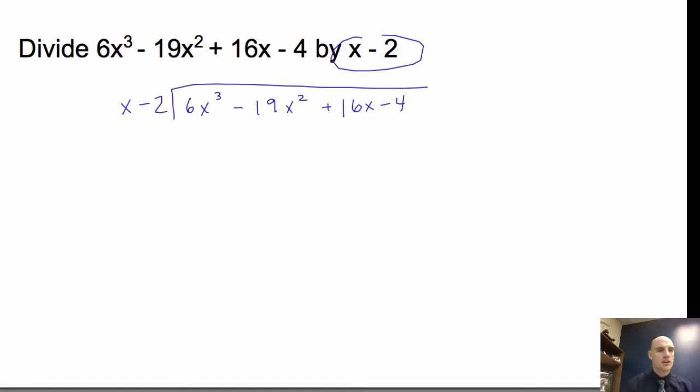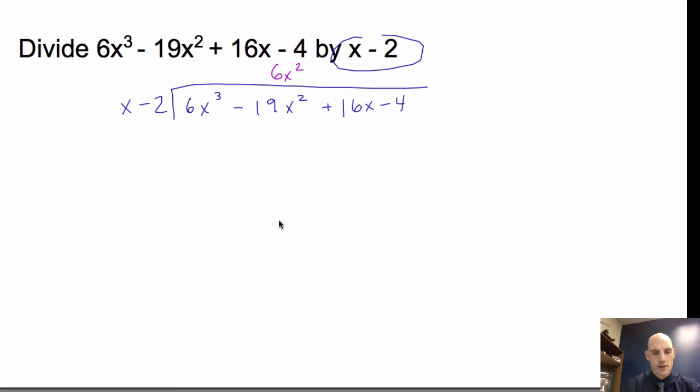As I'm starting this process, I'm starting from the front here. 6x cubed is what I'm dividing, and I'm looking at my lead term here, my x. My question is, what do I have to multiply x by to get 6x cubed? I'm going to say I'm multiplying it by 6x squared. Why does it go here and not here? I'm keeping everything in columns.